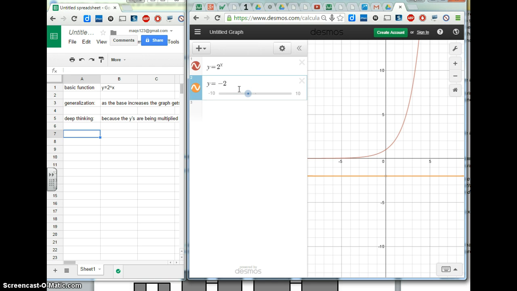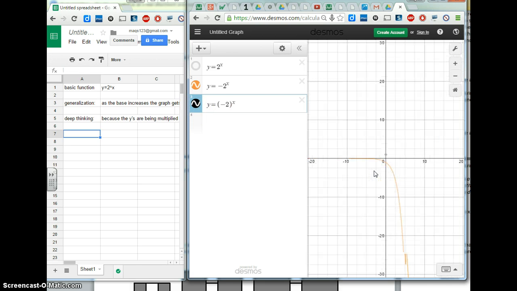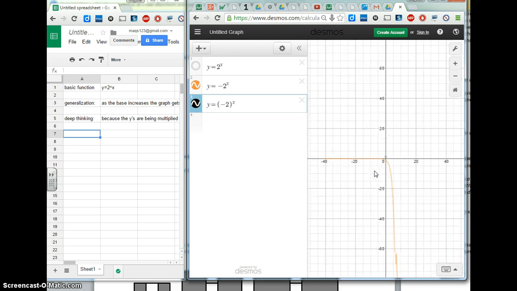Negative 2 to the x versus y equals, in parentheses, negative 2 to the x power. Okay, and they're very different. Okay, let me go ahead and block this one off. As you can see, the black one is not graphed.